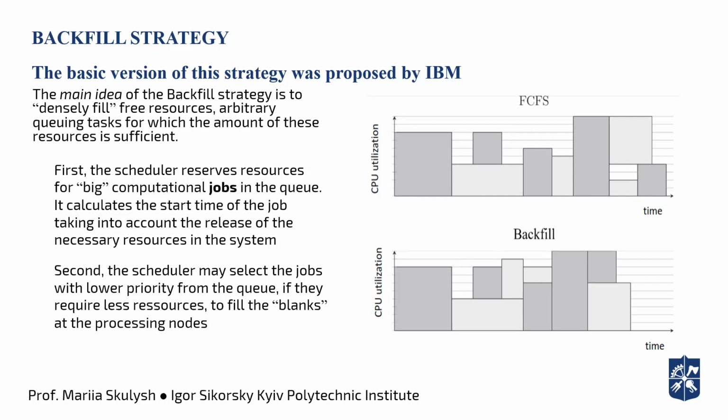As you see, the gray and light gray elements are tasks which are used during some period of time; during this period of time, they use this amount of CPU.